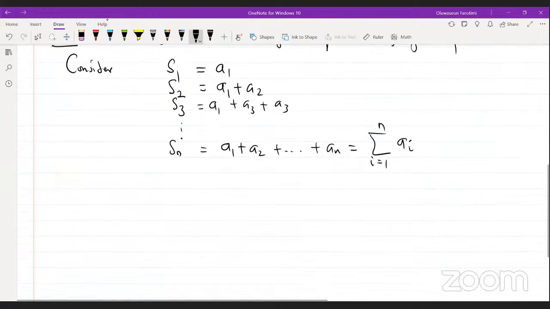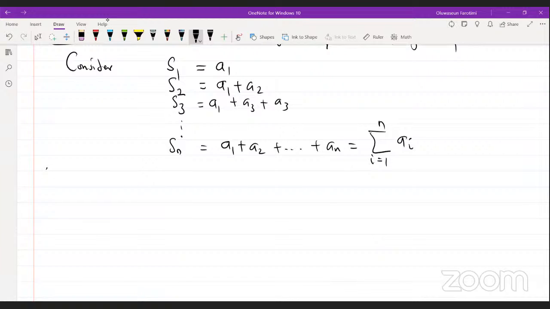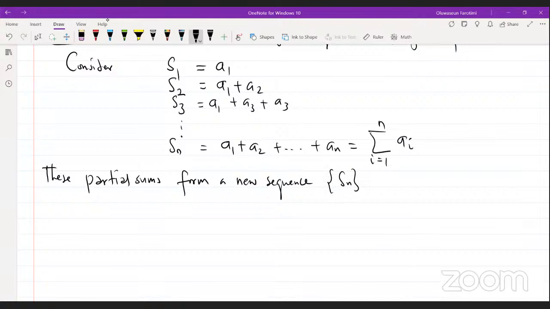Okay. So let me just write that these partial sums actually form a new sequence. This is just a further explanation of what I just gave above. These partial sums form a new sequence, which is denoted this way, called the sequence of partial sums.